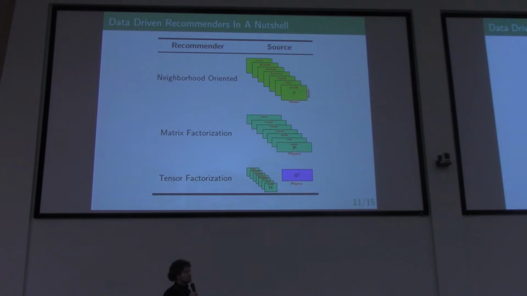But with explicit feedback, where I give the feedback, like in the case of movies, I say I don't like that, but I like that, or I give it 3 stars, or 2 stars, or 5 stars, then I don't consider the ones that I haven't rated. In this case, we have implicit feedback. So if you don't like it, it's not clear that you get a new set. Yeah, exactly.